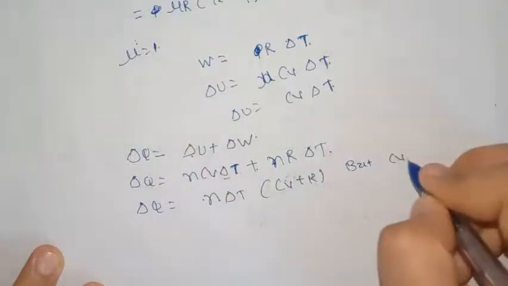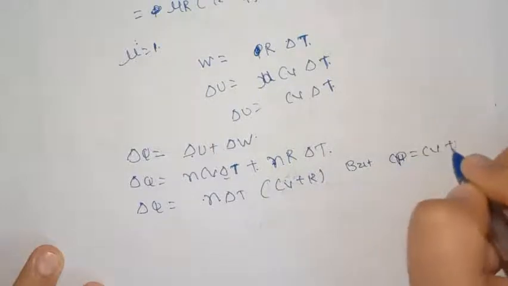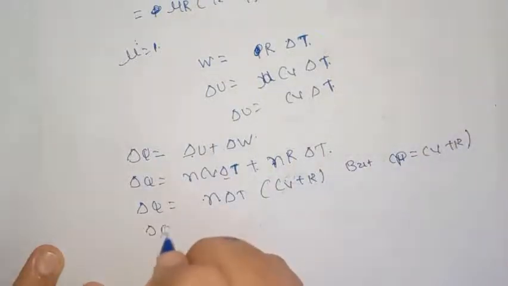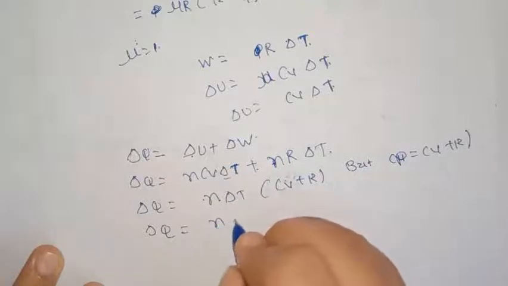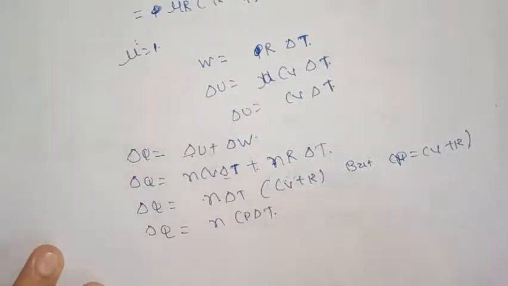But we know that Cp is equal to Cv plus R. So delta Q can be written as nCp delta T.